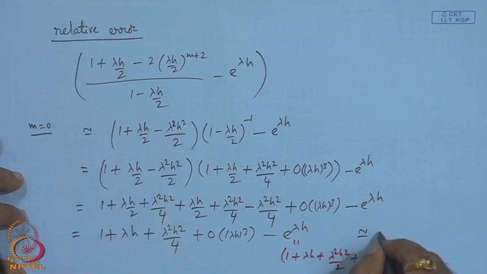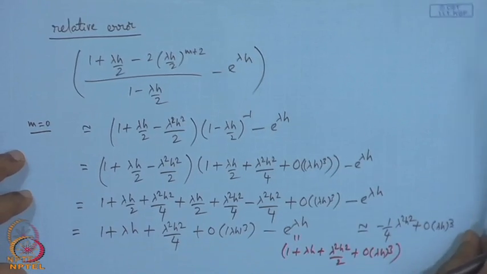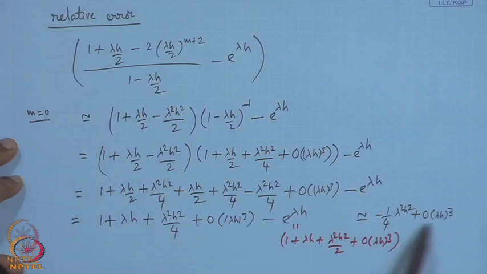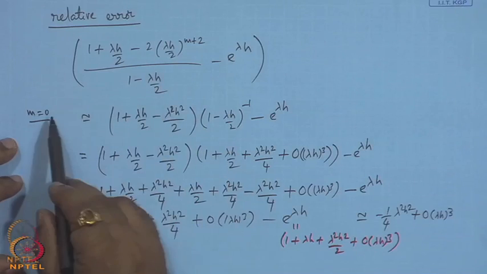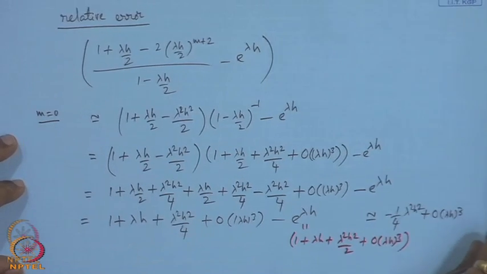So, this is of order, what I am trying to say is this is not 0. Okay. So, this is non-zero, coefficient of lambda square h square. So, if you take m equals to 0, then the error is like this.